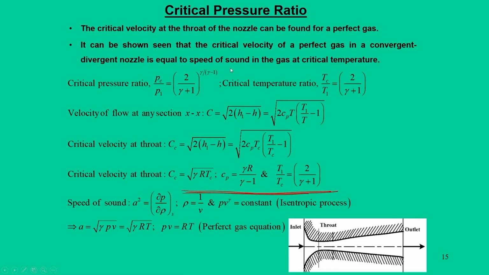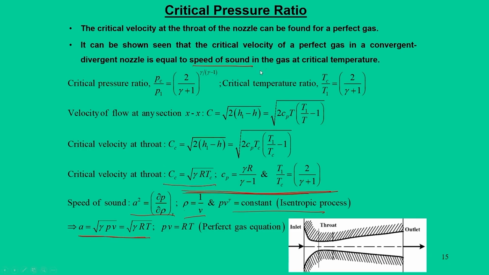For the perfect gas one can also define a parameter called the speed of sound. By definition, the speed of sound squared, a squared, is dou p by dou rho at constant s, where rho stands for density. We can write rho as 1 by specific volume, and P v to the power gamma is equal to constant for an isentropic process. If you simplify this expression and find what a is, we arrive at the same relation as the critical velocity at the throat.